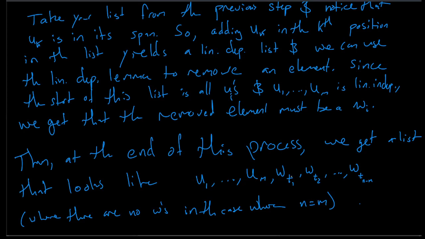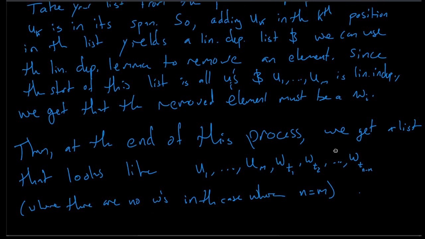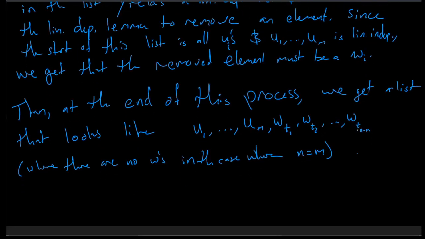So it must have been one of the w's. Every time we can be removing a different w, so this is going to look like some messy bunch of indices. What I'm trying to say is there are just some w's left over. And now we get a list that looks like this that spans V.